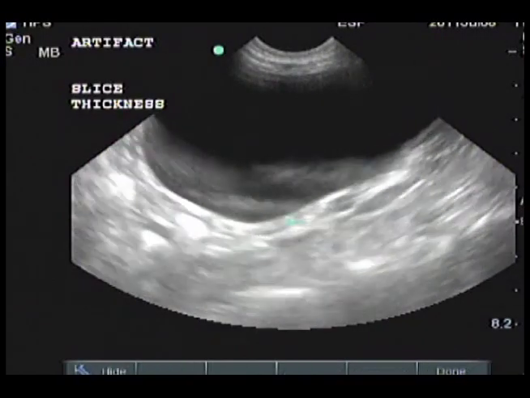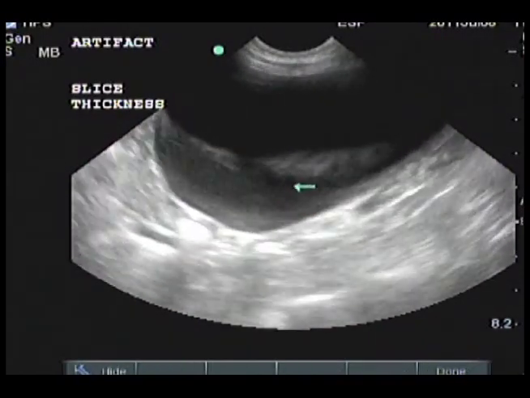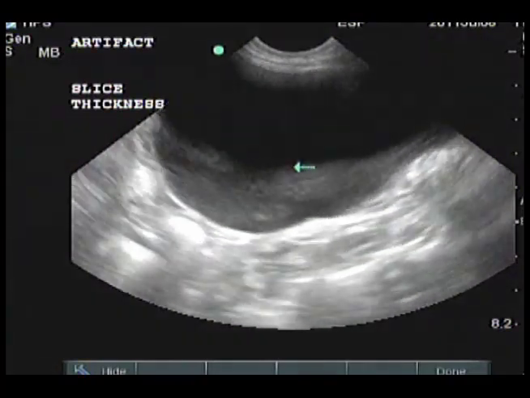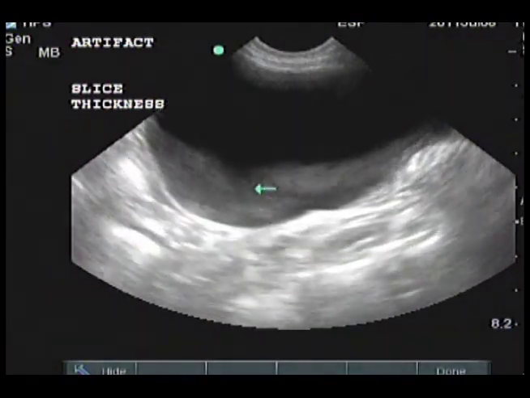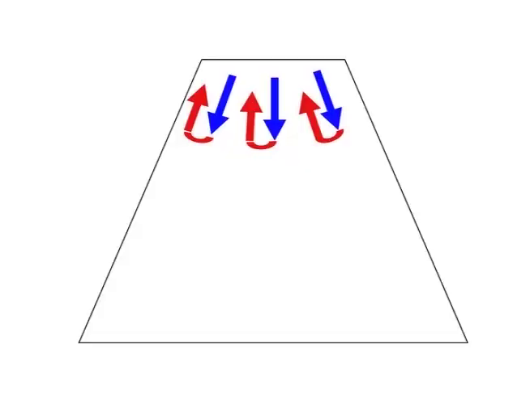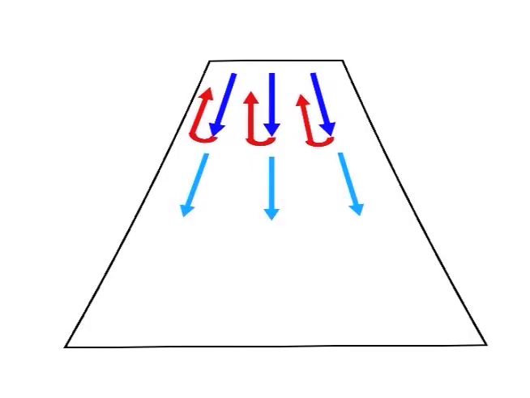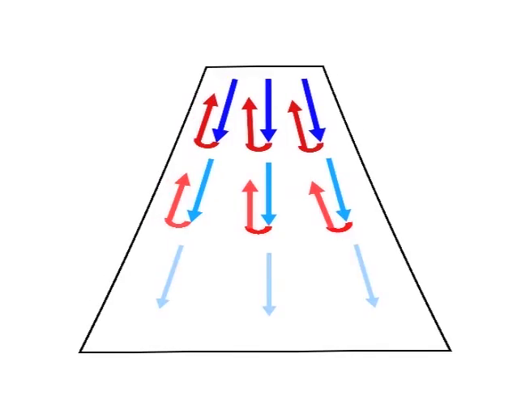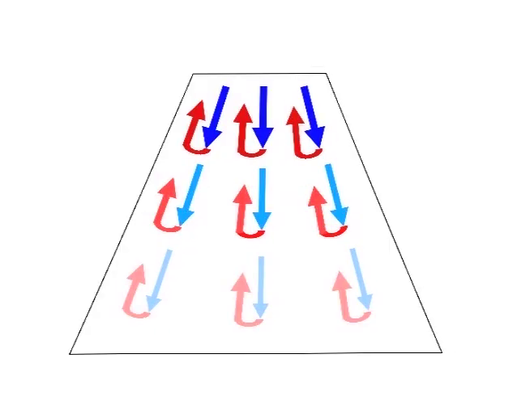Many artifacts are not fully understood and are difficult to explain. I will explain some artifacts as I understand them at this time. In the Tips and Techniques DVD, we showed that the ultrasound beam and the reflected return is partially absorbed and weakened as the beam penetrates deeper and deeper in a homogeneous tissue like the liver.